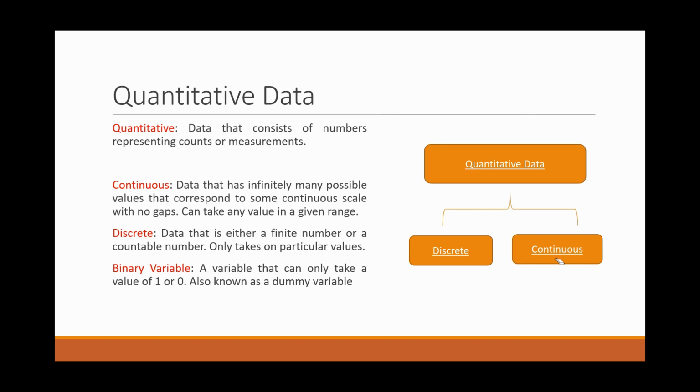Discrete quantitative data, or a discrete variable, right? Discrete quantitative data is also quantitative, it's numeric, and it constitutes measurements, but it can only take on particular values or a finite number of possible values within a range. So when we measured education in years a moment ago, that was an example of a discrete quantitative variable because we only allowed it to be measured in years.